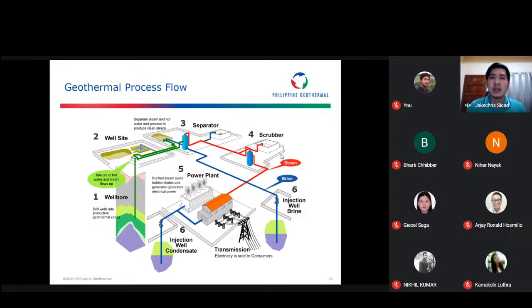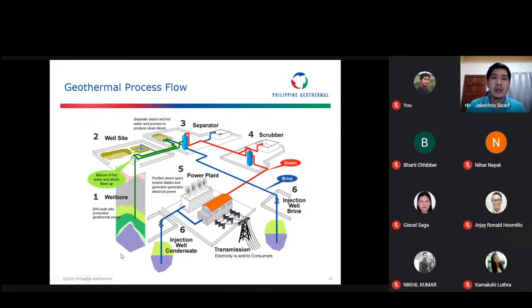After that, you deliver that steam into the power plant, wherein it is utilized in the production of electricity, while the produced brine is injected back into the reservoir. This injected brine is then utilized again for further reheating, making the loop system possible.